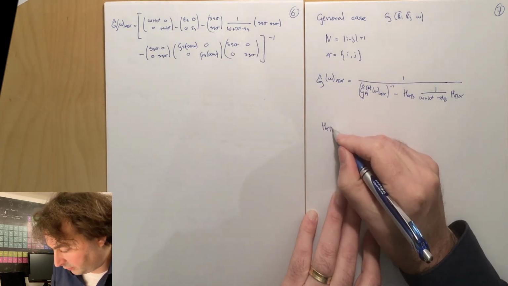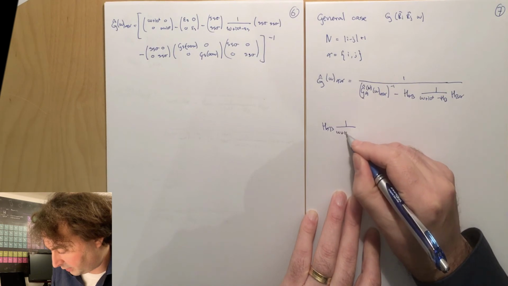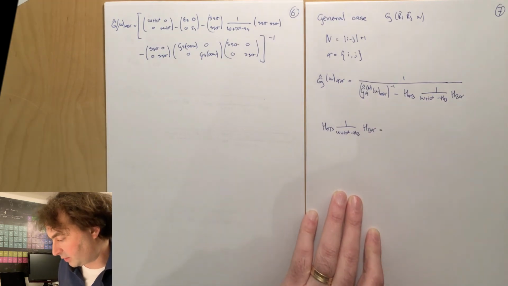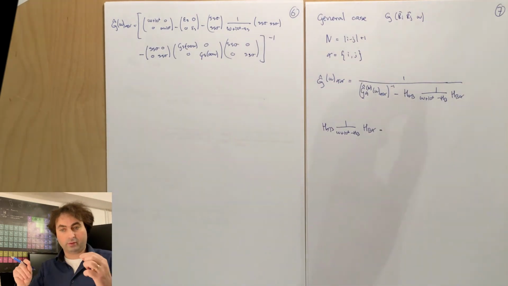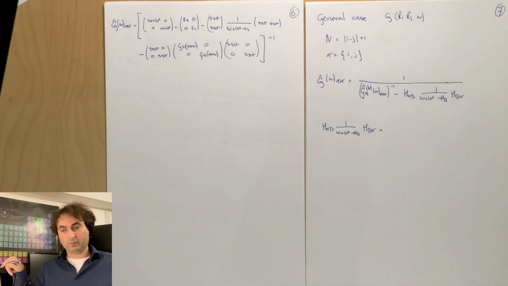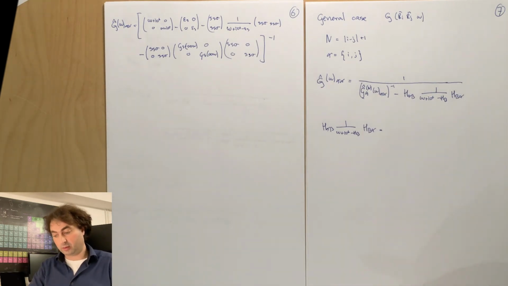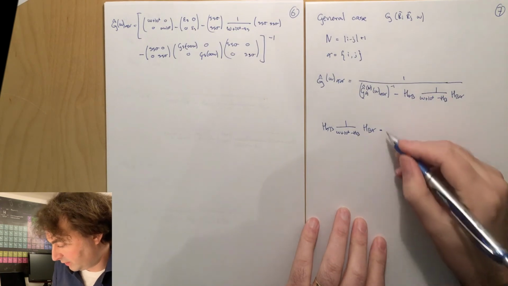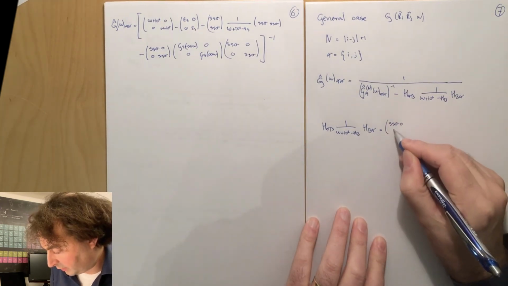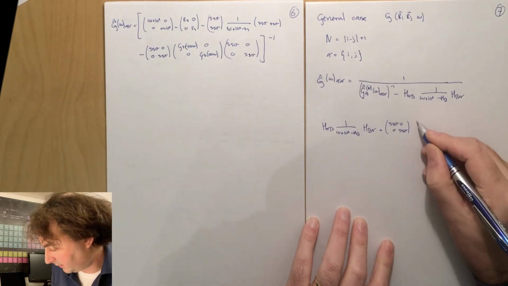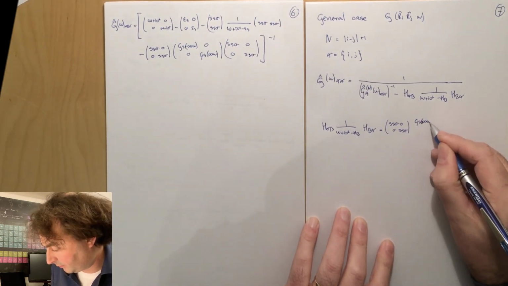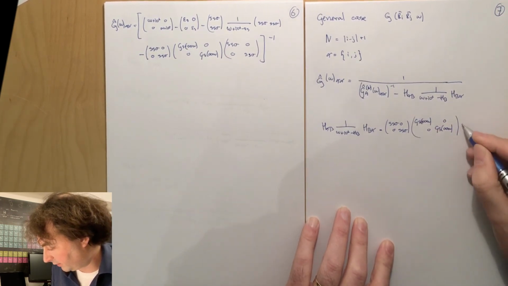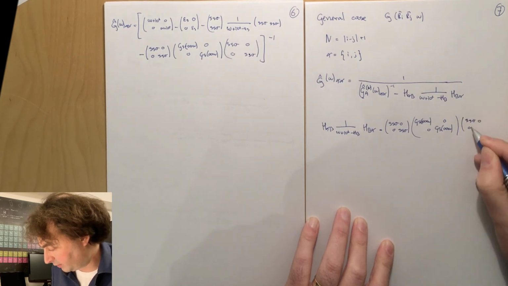Well, h_alpha b, 1 over omega plus i0 plus minus h_b alpha is nothing more than the coupling of your finite length chain to the semi-infinite chain on the left and the right, and you're only coupling to the first state of that. So this is a coupling for the left and the right to a semi-infinite chain whose Green's functions are given by G_S, which we've calculated in one of the previous videos.